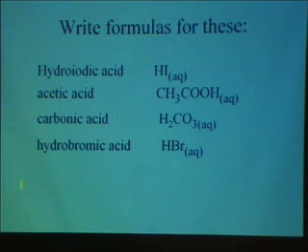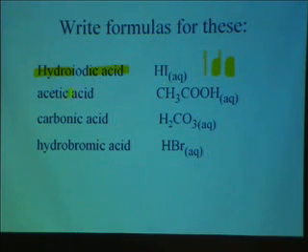Okay, hydroiodic acid. We would see hydro, then the root of the word, ic acid. We would go to our data booklet, and that is from the first row of the table, which means that when it was named as an ion, it had to have an IDE ending. So it becomes hydrogen iodide, HI. The next one, acetic acid.